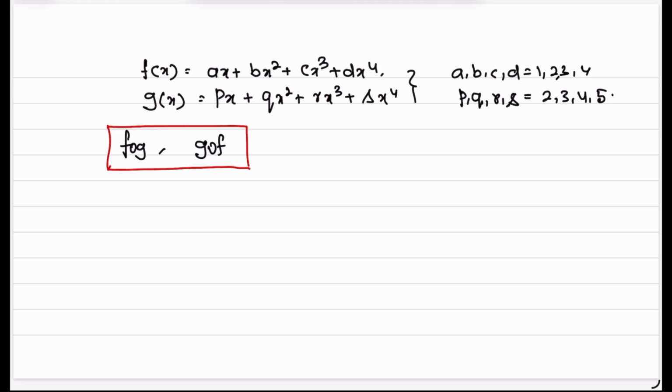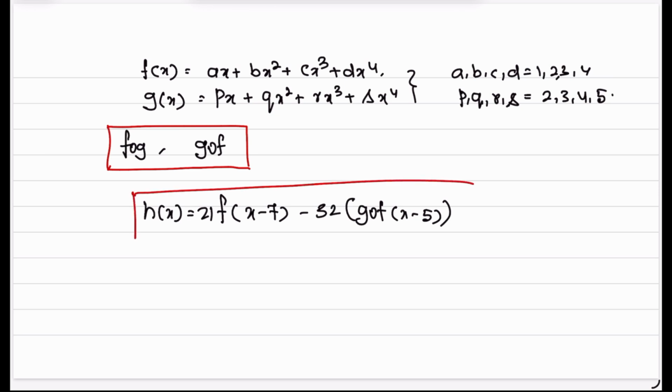Now you tell me, if h(x) is equal to a function of x minus 7 only, 21 minus 32 into g of x minus 5, what its value will be? This value will be entirely different from the value we got previously.